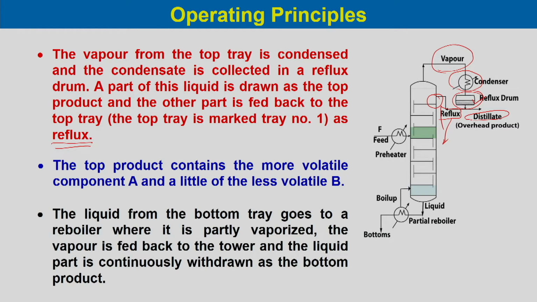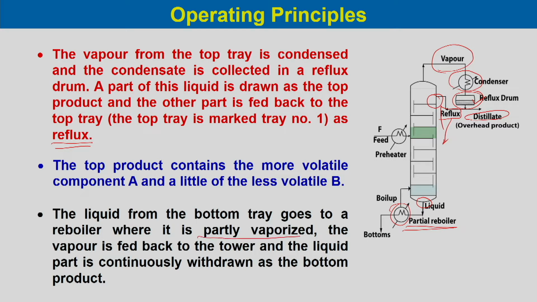The liquid from the bottom tray goes to a reboiler where it is partially vaporized. So, you can see that the liquid at the bottom which is coming out goes to a reboiler where it is heated up and partially vaporized. So, it is called a partial reboiler.